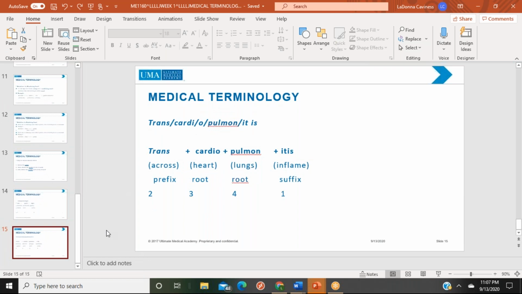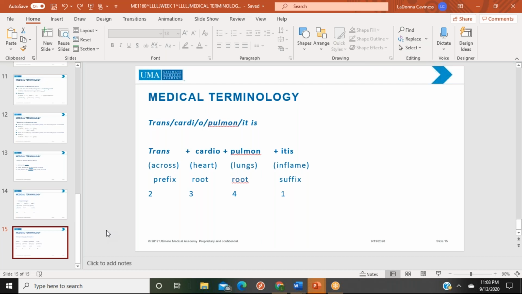Here's another example: transcardiopulmonitis. TRANS means across, and that is the prefix. CARDIO is heart. This is the word root or root word with a combining vowel added, O, plus PULMON, which is lungs, and that's another root. Remember we talked about it earlier.